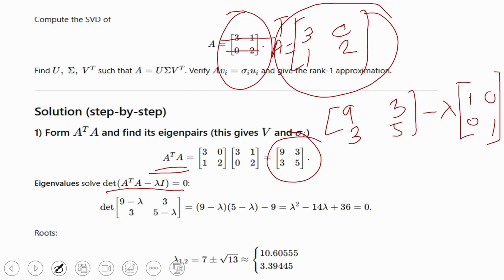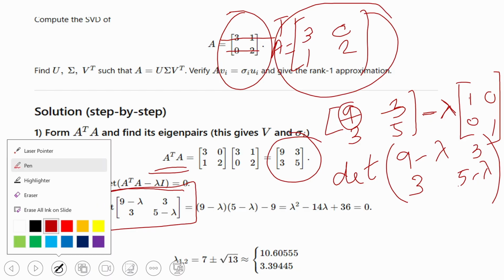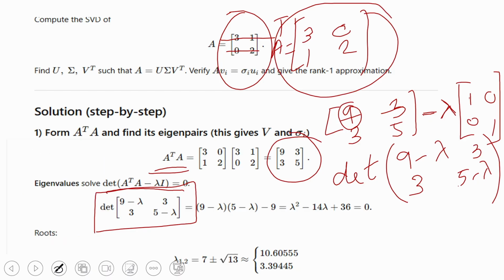So this becomes the determinant of 9 minus lambda, 3, 3, 5 minus lambda.